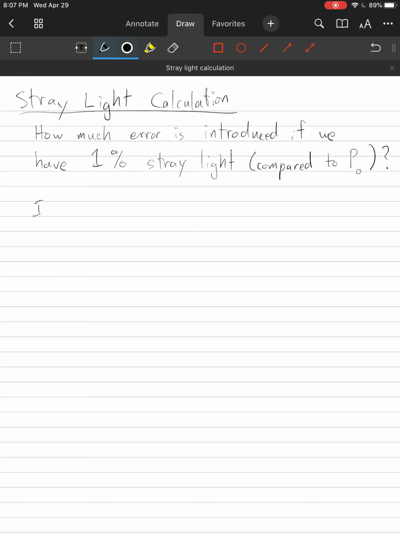Let's say the true absorbance is equal to 0.1. What's the error that we would have if we have 1% stray light? Let's calculate the transmittance. Absorbance is equal to the negative log base 10 of the transmittance, the same as the negative log of P over P naught, because we need to express this in terms of P naught to make any sense.